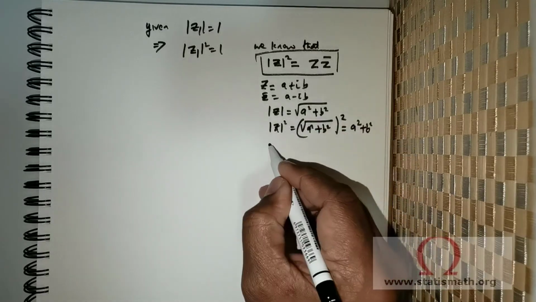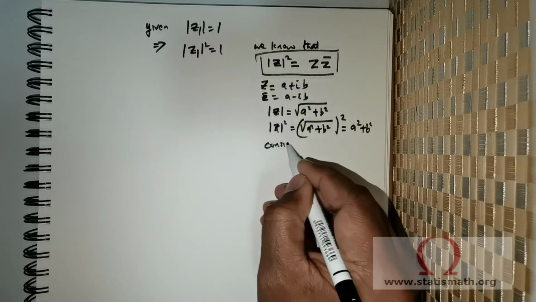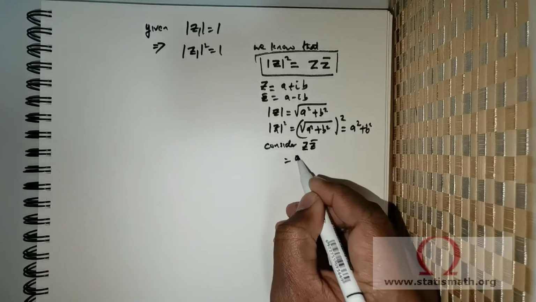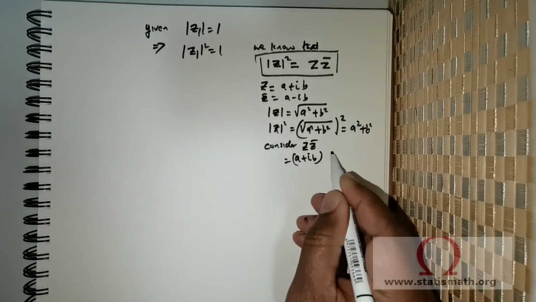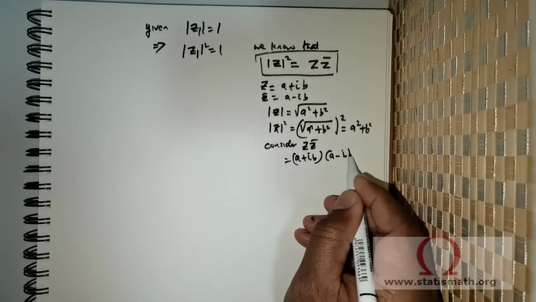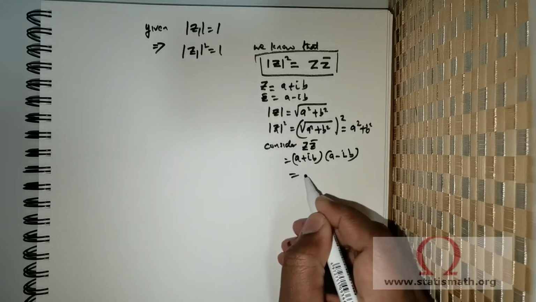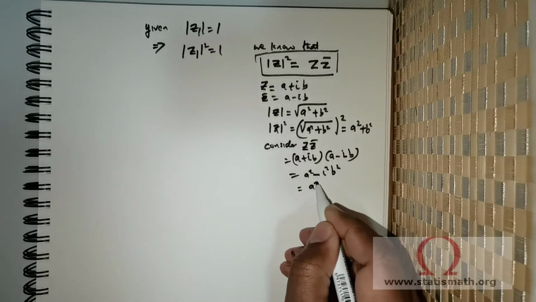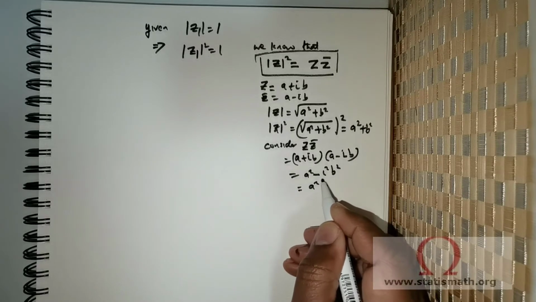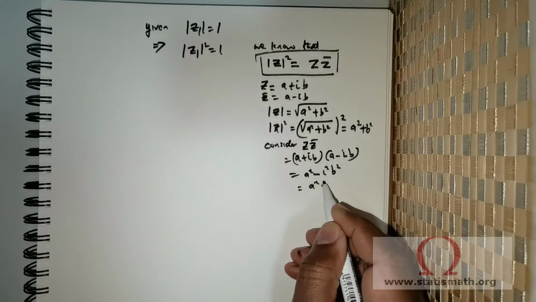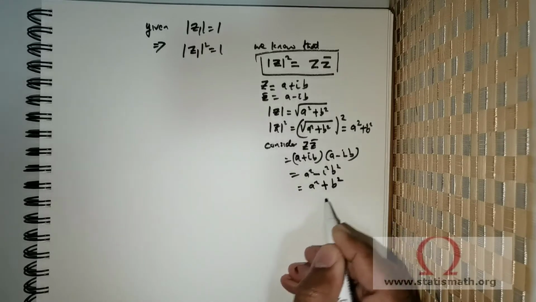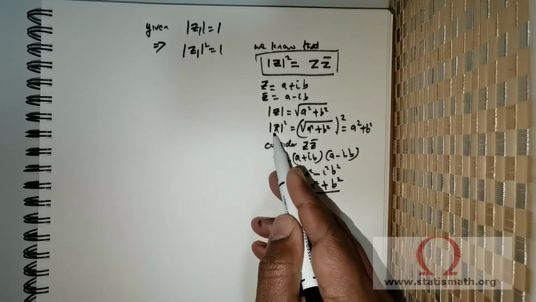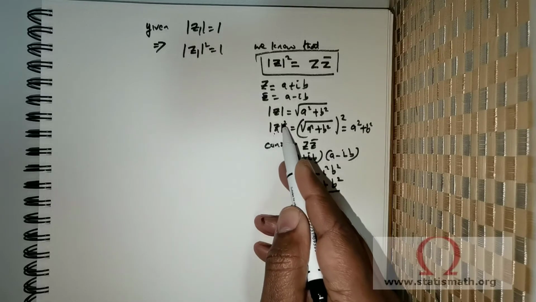Now, on the other end, if you were to consider z times z bar, z is a positive ib and z bar is a negative ib. If you were to take their product, this is going to be a squared negative i squared times b squared. I squared is negative 1, and that multiplied with the negative sign would give me positive b squared. This is exactly the same as modulus of z squared.